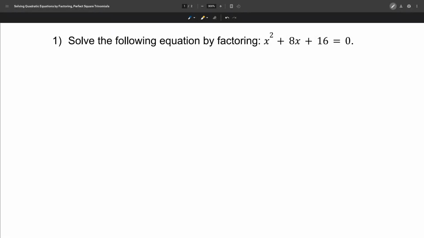In this video, we're going to solve equations by factoring, and we're dealing with perfect square trinomials. Now, perfect square trinomials follow a pattern of a squared plus 2ab plus b squared, and that'll equal (a plus b) squared.